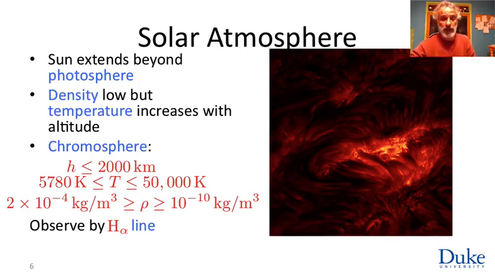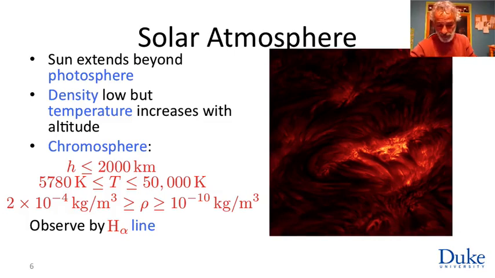To observe the chromosphere, we use the fact that in the chromosphere there are hydrogen atoms. Hydrogen atoms emit a characteristic spectral line at 656.28 nanometers. It's the H-alpha line. We've talked about it before and will again.